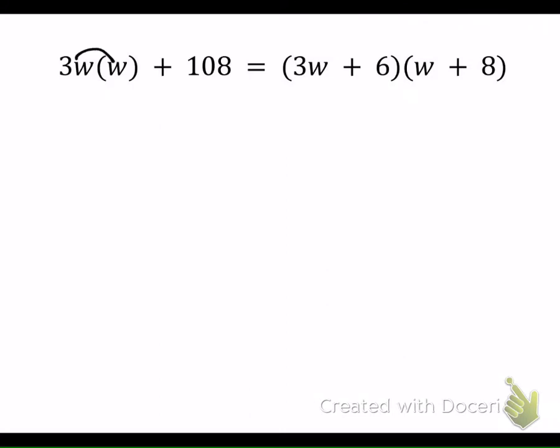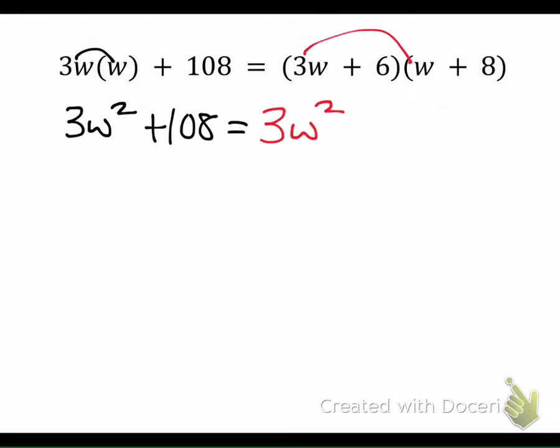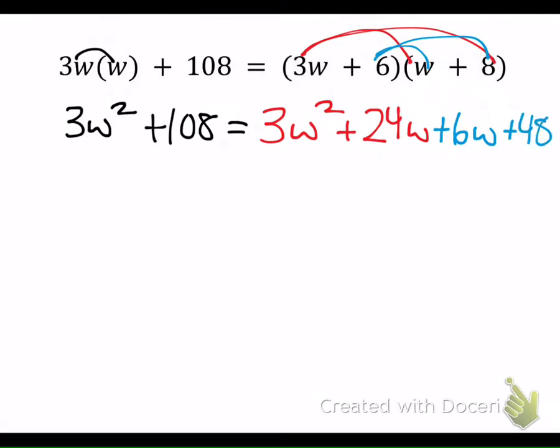So yes, this guy is 3W squared plus 108 equals, how do I multiply two binomials? 3W times W, so 3W squared. 3W times 8, so plus 24W. 6 times W is plus 6W. 6 times 8, which equals 48.